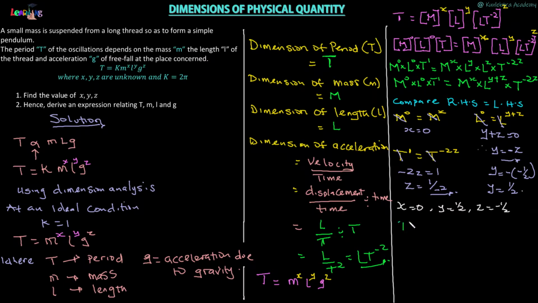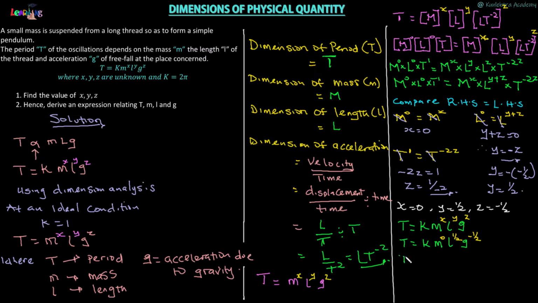You have T is equal to k m^x, L^y, and g^z. Here we slot in the values we got to get this expression. Then T is equal to k m⁰, L^(1/2), and g^(-1/2).